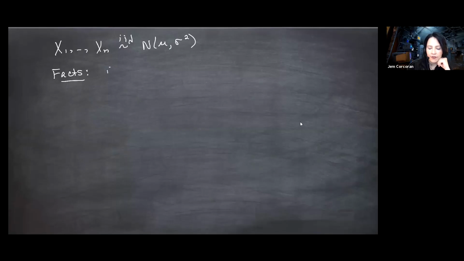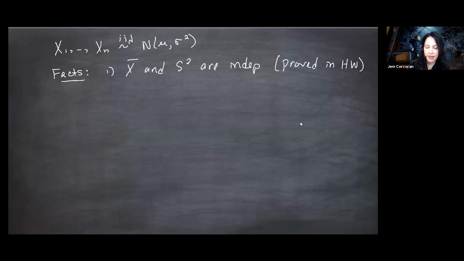But the first is that x bar and s squared are independent, at least for the normal distribution. And you proved this as problem 1 in homework 4 or 5, where you went through that n by n Jacobian method. And then the second fact we showed last class. We were trying to find the distribution of the sample variance, and you absolutely can, but it's not something with a name.